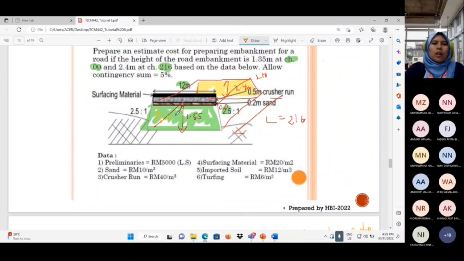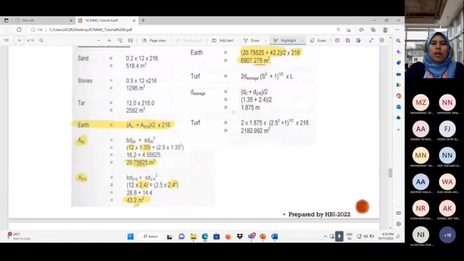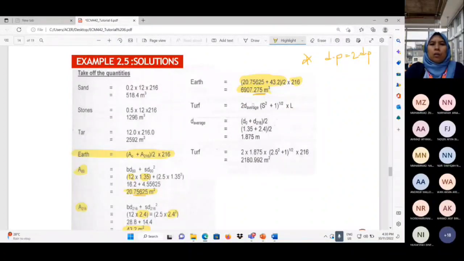So kita dah kira tanah, volume tanah. On this embankment also, kita kena kira dia punya turfing area. Turfing area ada two-sided, so all the information have been given. Cuma you kena cari D average.